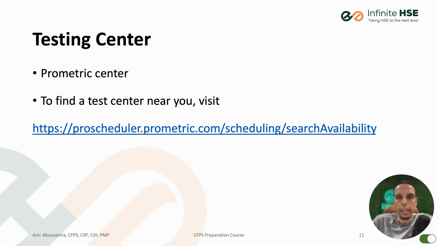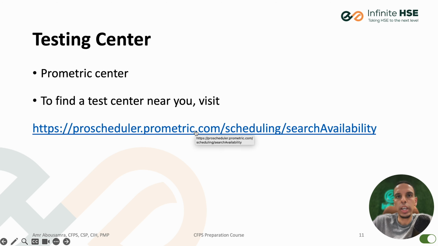The options to attend the exam: there are two options. Either attend the exam online from your home or from your work, so you can book the online examination and take it with your own PC, or book an appointment at a Prometric Center. At Prometric Center, you will see where the nearest examination center is from this link.